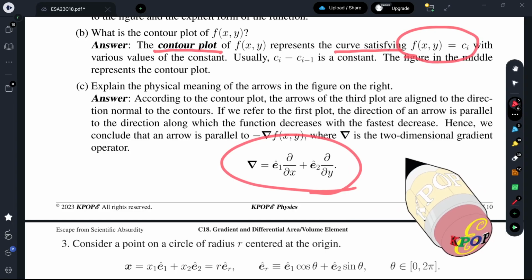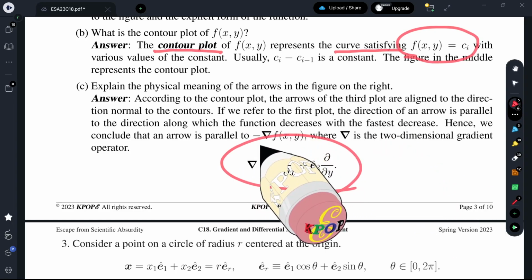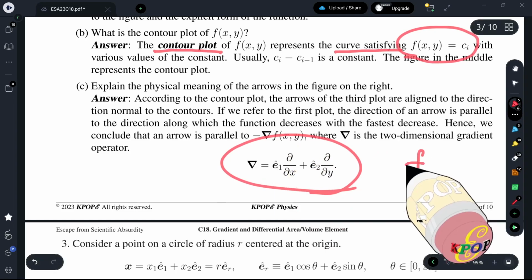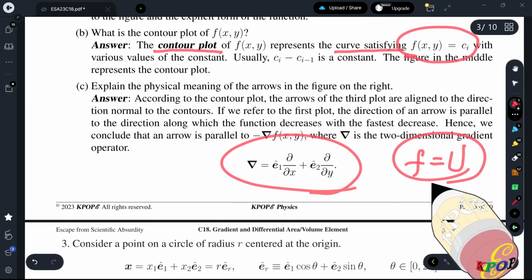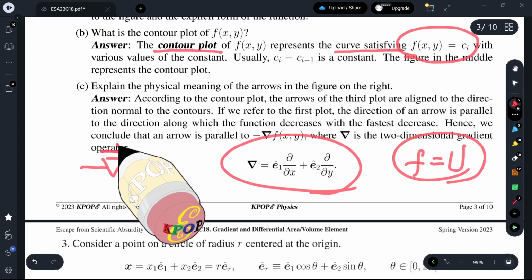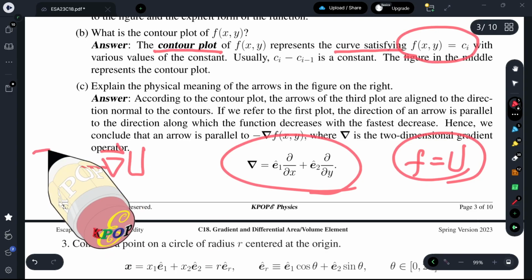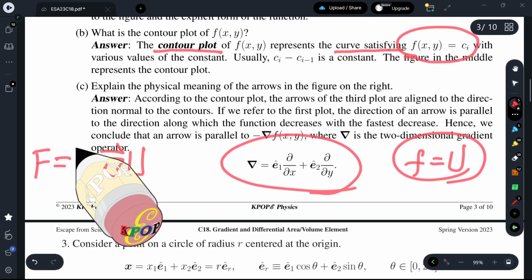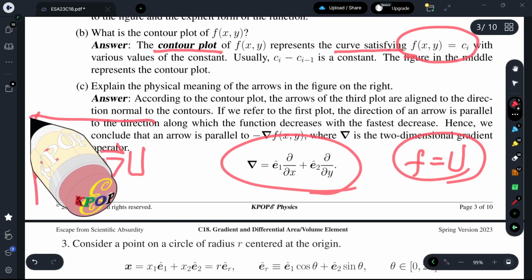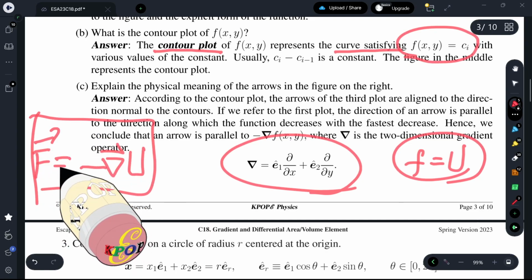The gradient of a scalar function f and minus the gradient of a scalar function f are opposite. So usually if f is u, potential energy, minus the gradient of the potential energy of a conservative force is that conservative force f.